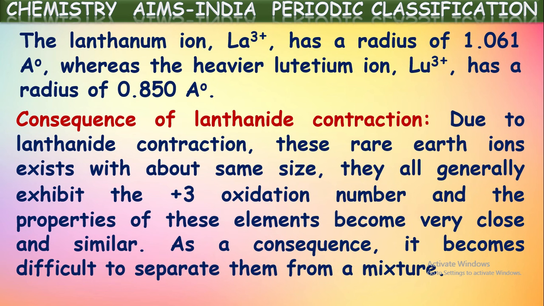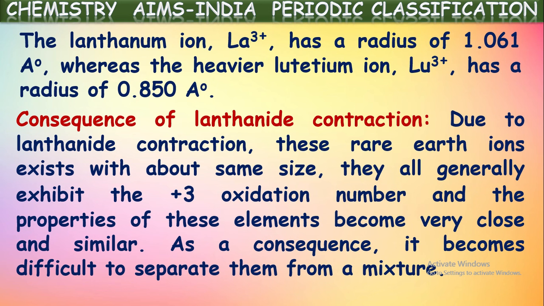Now let us see what the consequences are. What is the consequence of this lanthanoid contraction? Due to this lanthanoid contraction, these rare earth ions exist with about the same size. As size decreases, almost all these rare earth atoms or ions are existing with the same size.